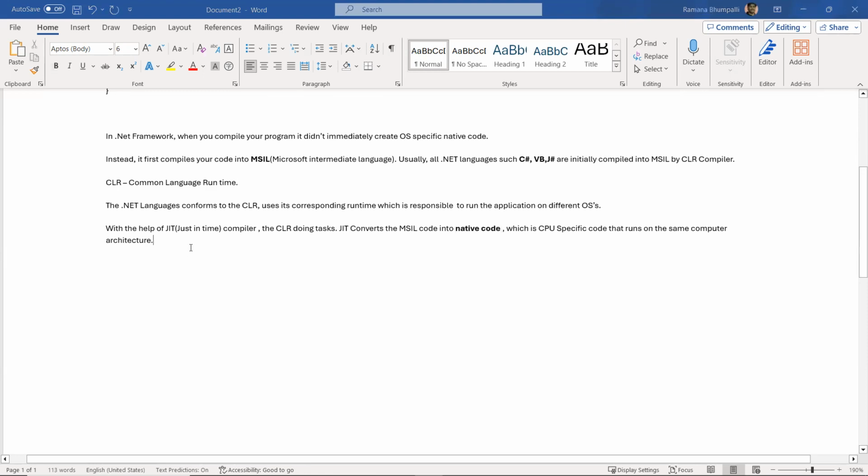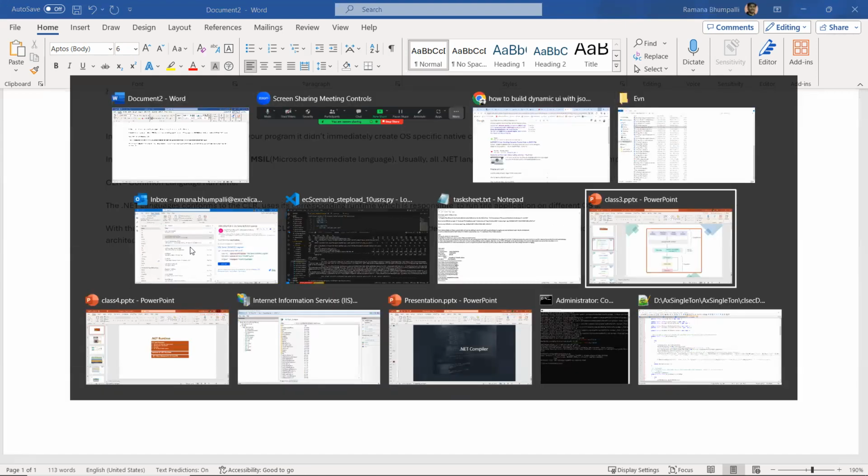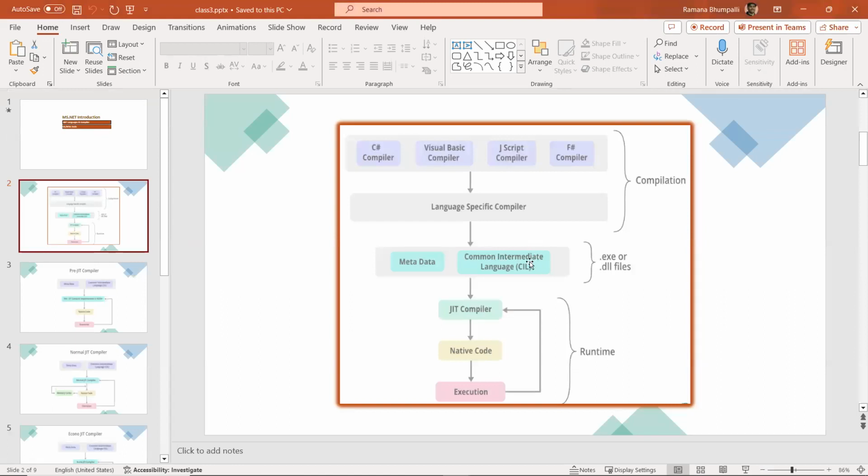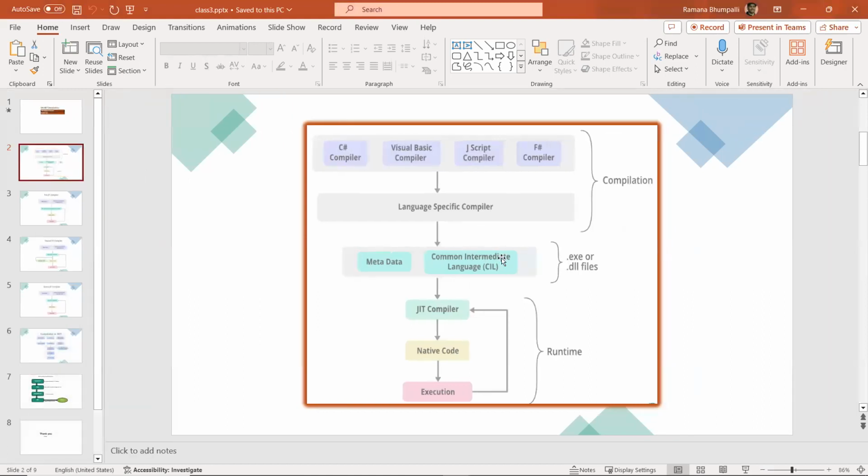Okay, if you want me to show the diagram, you can see this diagram. These are the different .NET languages, and each .NET language has specific compilers. This is the specific compiler for C sharp, CSC, we can call it the C sharp compiler. This is VBC, the VB compiler, JSC, and F sharp like this.